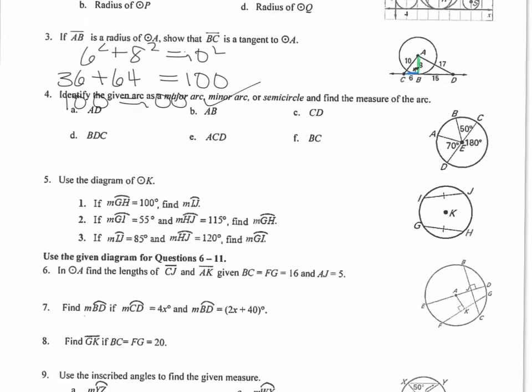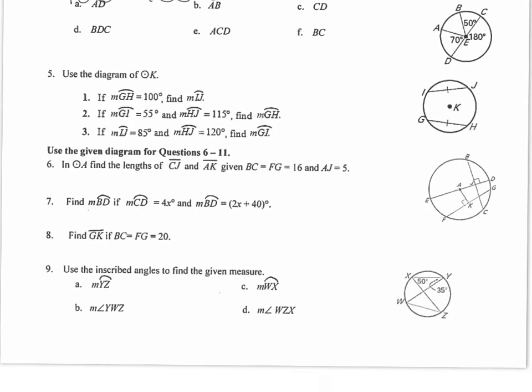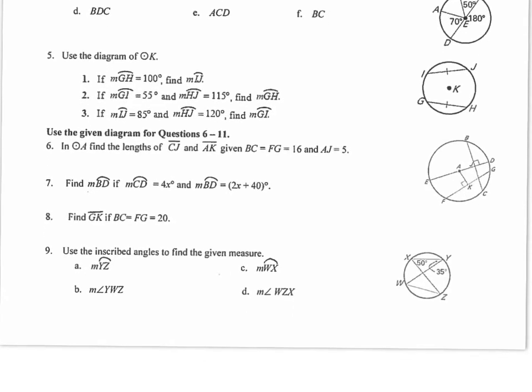All right. So let's go down and look at some of these questions. It says 6 through 11, but it looks like it's only 6 through 8. I did not make this worksheet, so the numbering and the counting is not my fault. So it says in circle A, find the lengths of CJ, which is right here, and AK, if BC equals FG, and AJ equals 5.